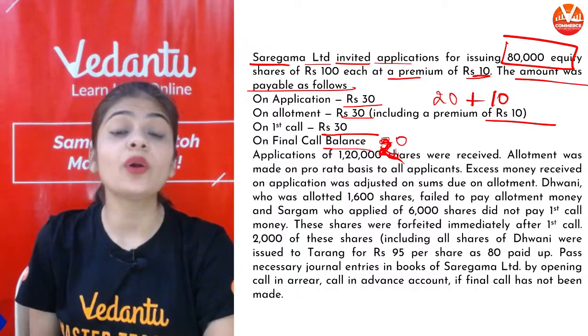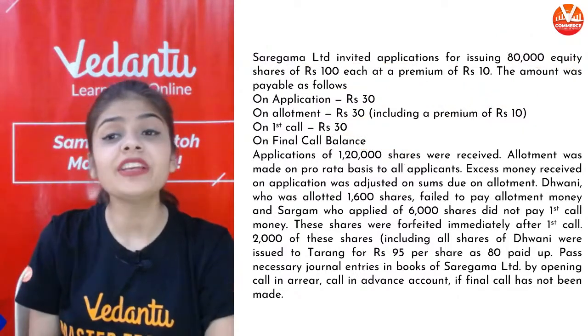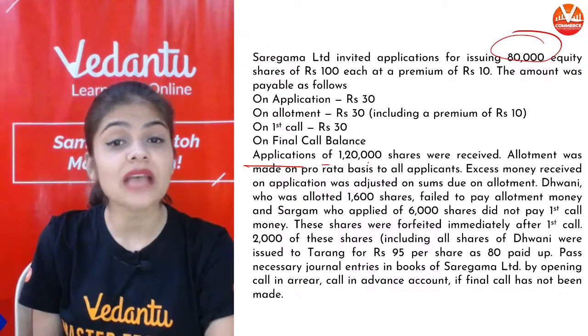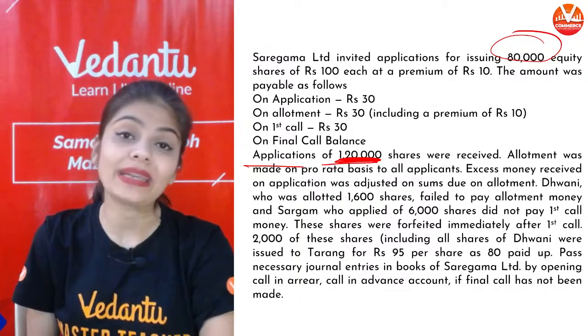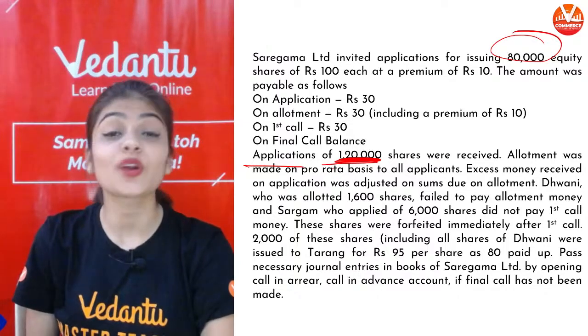So this is how the money will be received. Now you have issued 80,000 equity shares, but applications are received for 1,20,000. So the shares are oversubscribed.